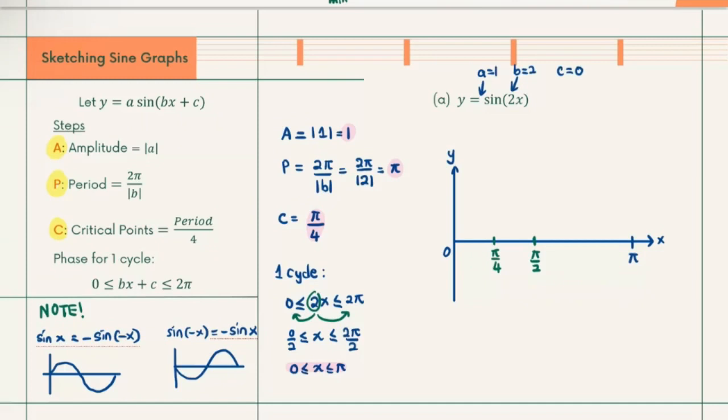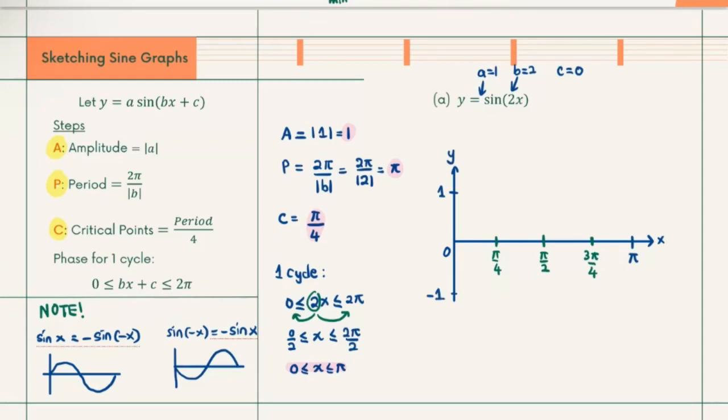Okay. And then pi over 2 pluskan dengan pi over 4, dan saya akan dapat 3 pi over 4. Okay. Alamak, dia tak sama besar pula. Sekejap. And then our amplitude adalah dekat 1 dan juga negatif 1.